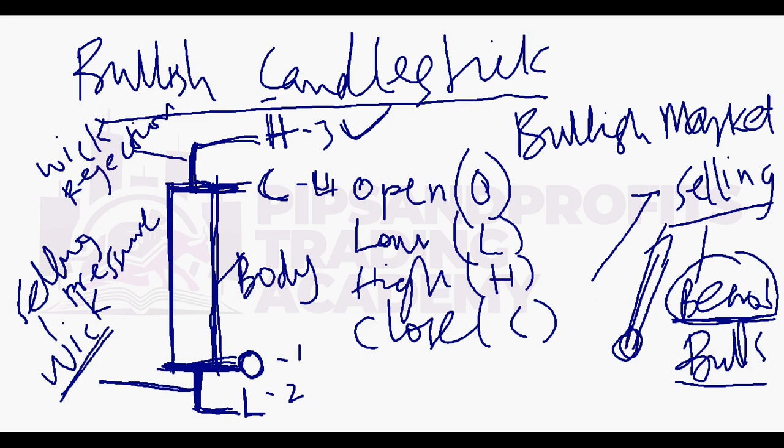A wick below is saying that the bulls wanted to push price, but they were not strong enough. The bears wanted to push price lower, but they were not strong enough.